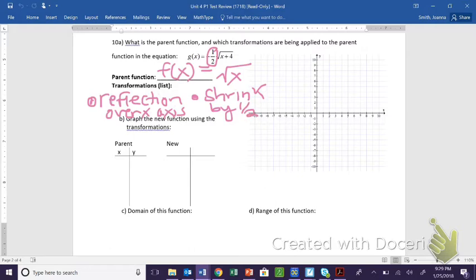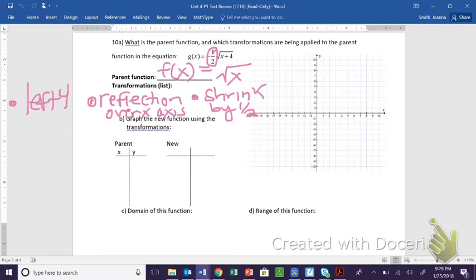Now, clearly I am running out of space because I write pretty largely, so I'm going to put this one over here in the margins. The last thing that we are looking at is a horizontal translation left 4 units.